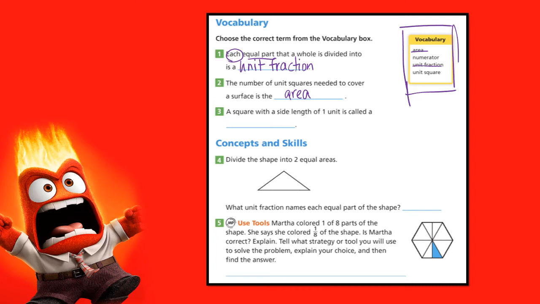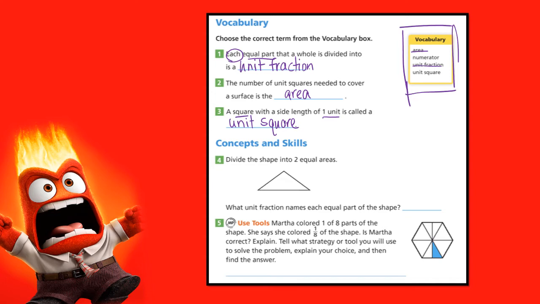Number 3, a square with a side length of 1 unit is called a, so it's a square and it measures 1 unit on each side. Oh, we definitely know that one. That's a unit square, boys and girls, and those are the kind of squares that we use when we're finding the area of a shape. How did you do so far? Let's look at number 4.